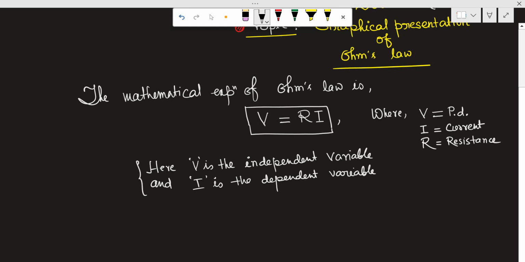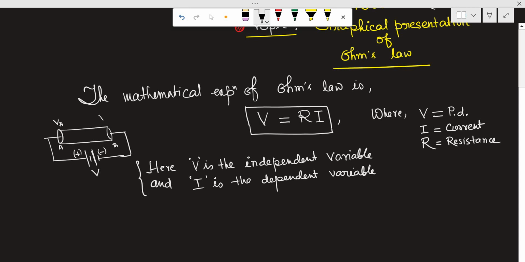If we increase the potential difference, the circuit diagram was like this. I am doing it with a small one. So this is the positive terminal, this is the negative terminal, potential difference is applied here. This is the A end, this is the B end of the conductor.